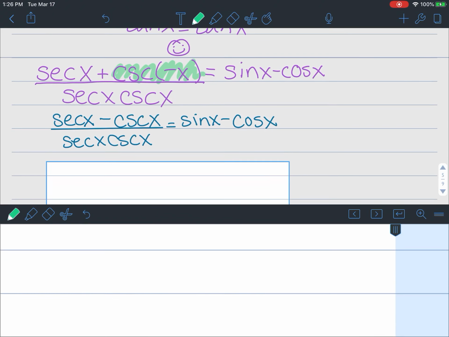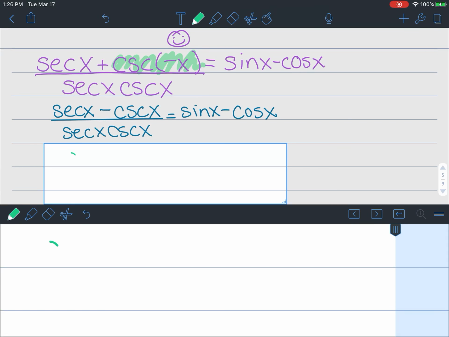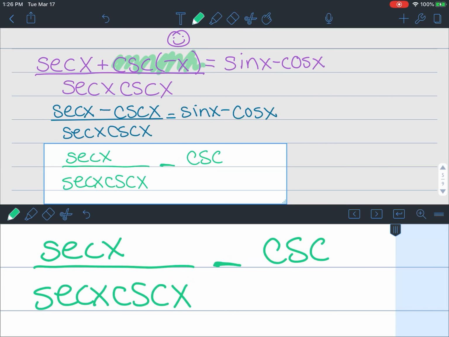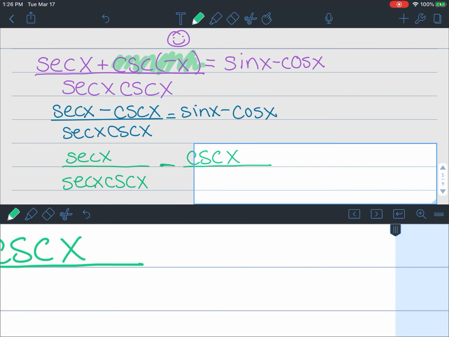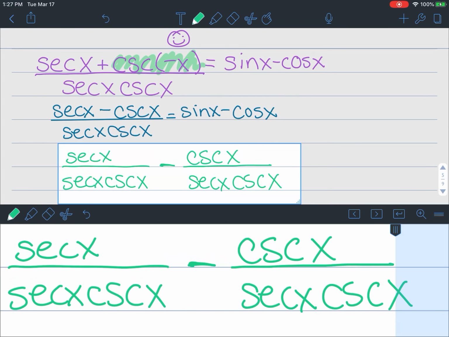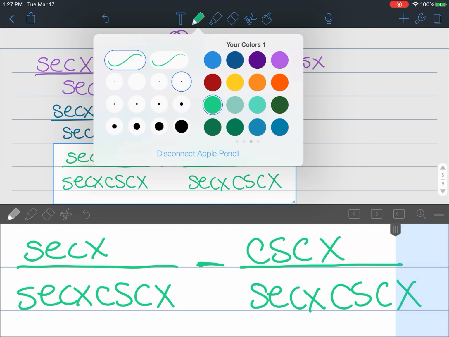So I'm going to change this into secant x over secant x cosecant x minus cosecant x over secant x cosecant x. Now that I've realized there's a quicker way to do it, wait till you see how fast this is.